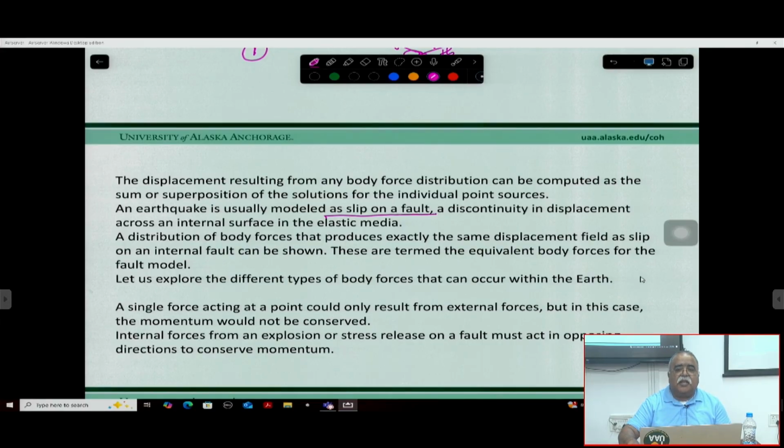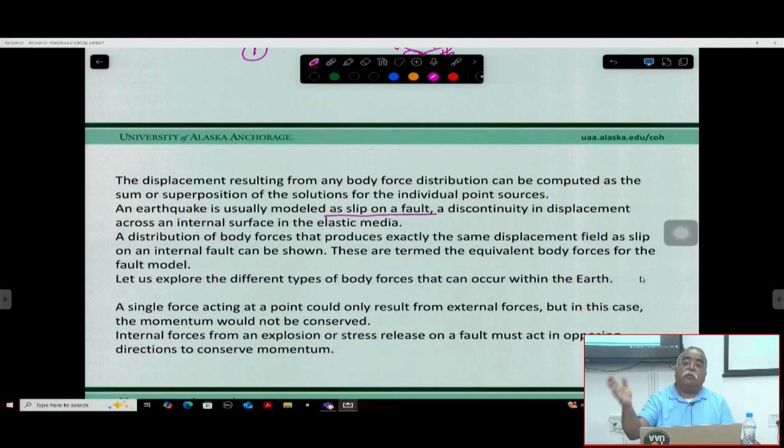So that means the slip on the fault is creating an earthquake, and that earthquake is recorded at the recording station. So the slip on the fault, if we can express it as a force, then that force we call an equivalent body force.